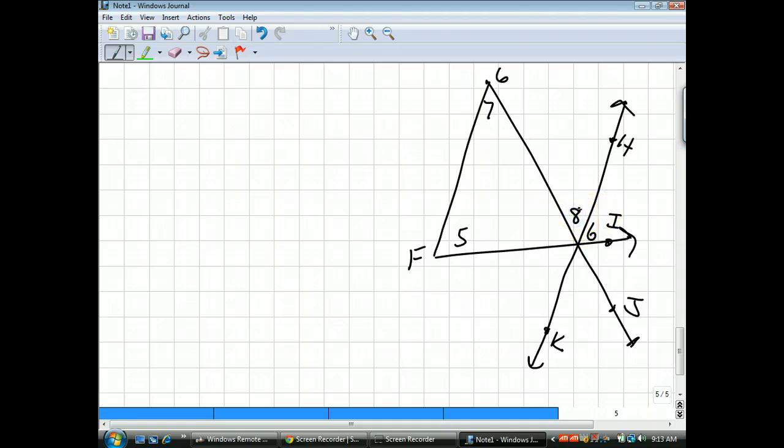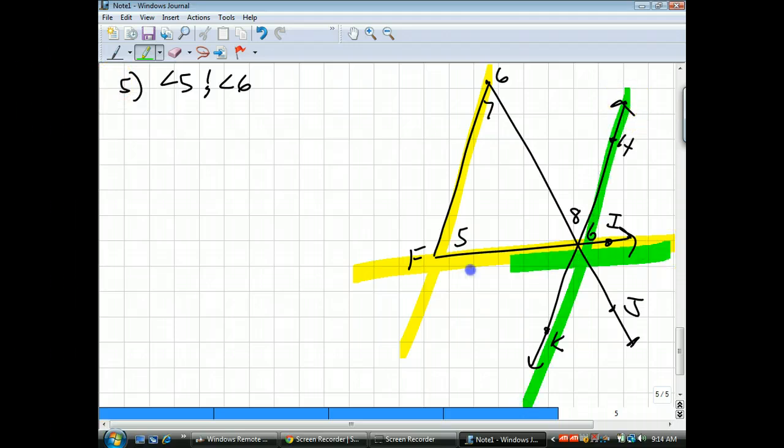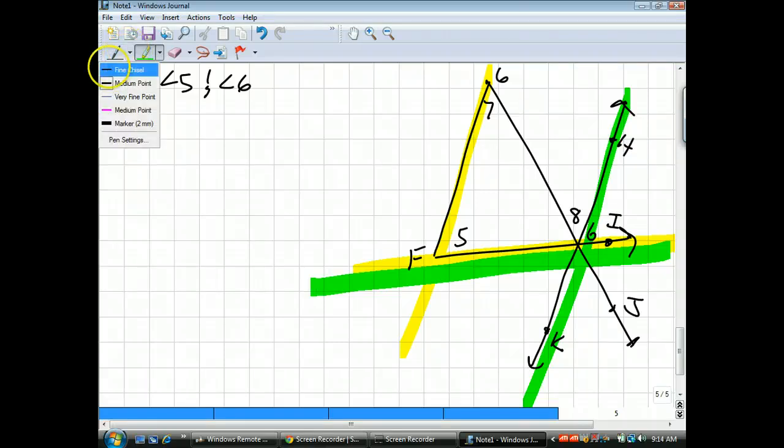Okay, so what if I want angle 5 and angle 6? Okay, so again, let's identify angle 5 is made up by this line and that line. Angle 6 is made up of this line and this line. Okay, so notice that if you look carefully and identify what makes up each one of the angles, then it's very easy to identify the two lines in the transversal.